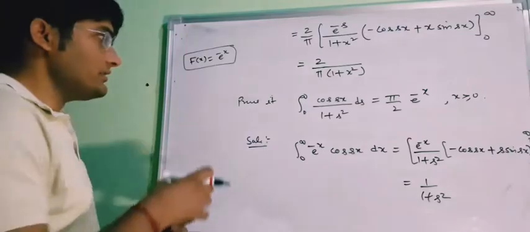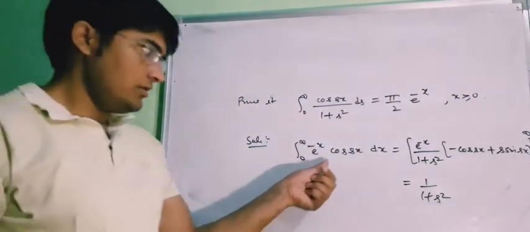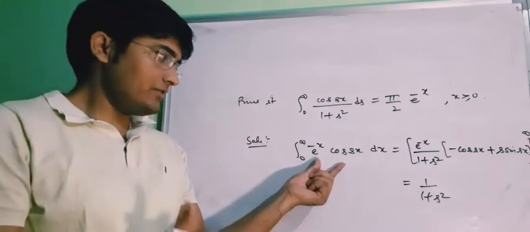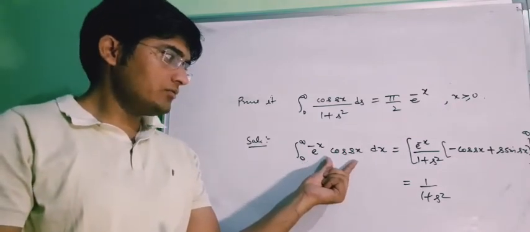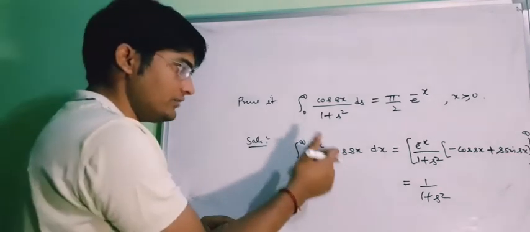Now let us take its inverse transformation. Here I have given the value of the Fourier cosine integral. Now let us take its inverse.